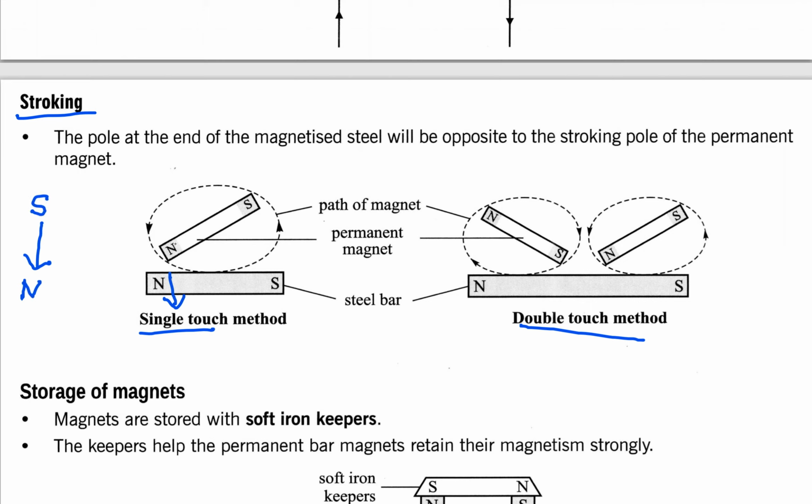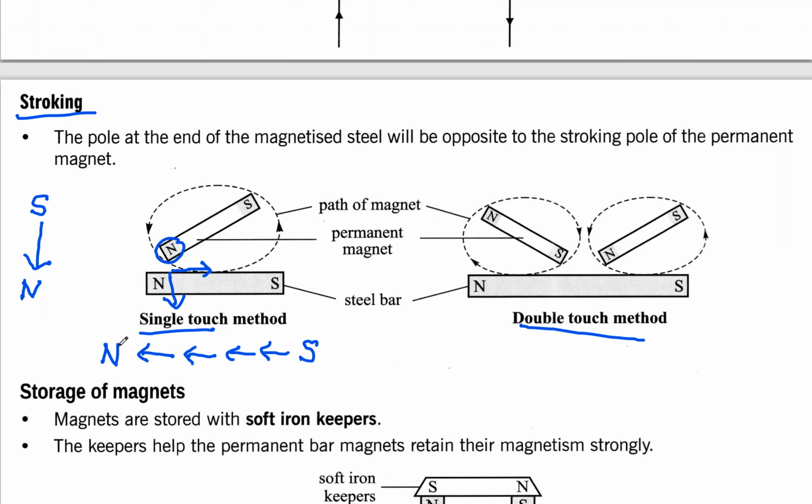So the stroking magnet's North Pole attracts the South Pole and pulls it to the right hand side. In this way, all the domains get pulled such that the South Pole is facing the right hand side and the North Pole faces the left hand side.